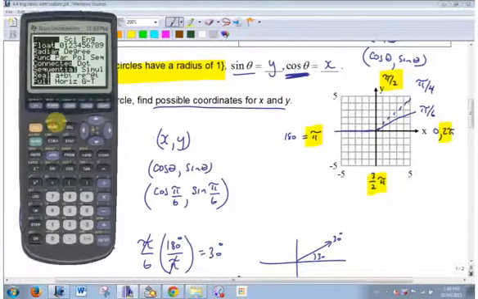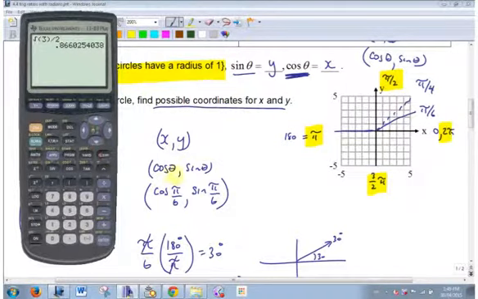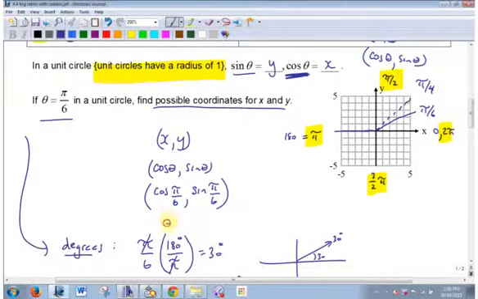Everybody, make sure your calculator's in radians. And you put in cosine of, where's my pi button on here? Pi divided by 6. Oh, look. Got the same darn thing.